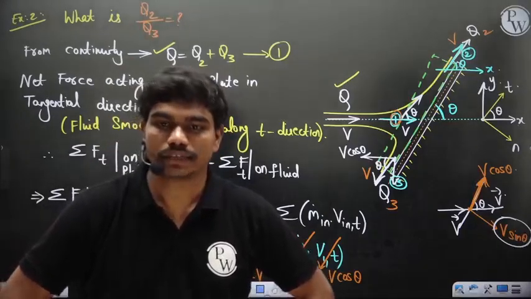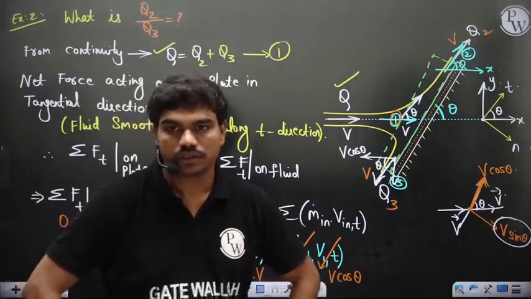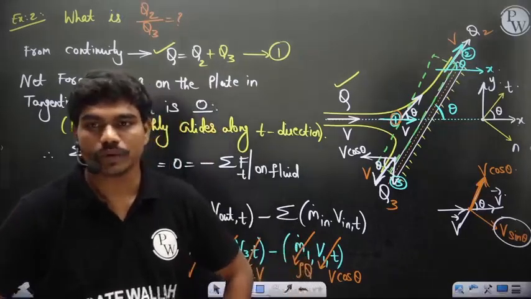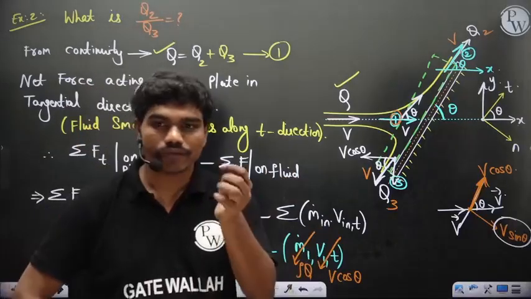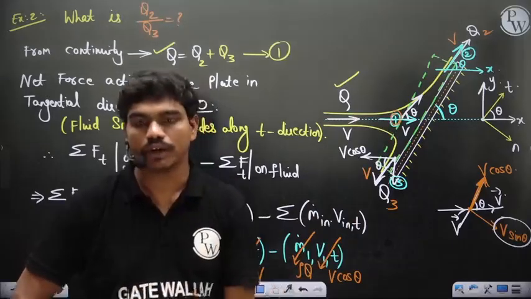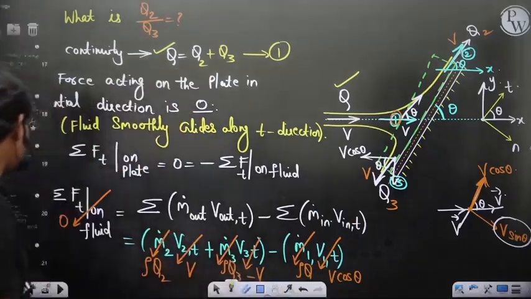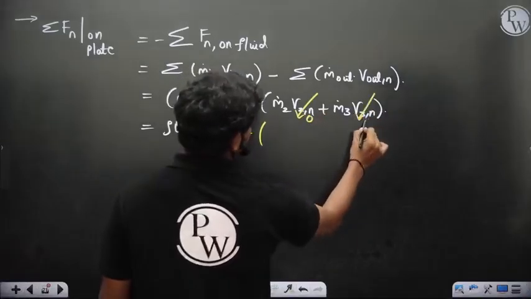Please tell me in the chat box. Zero, correct? So V2n and V3n are zeros, of course, because at location 2 and location 3, the fluid is cutting the control surface purely tangentially. There is no normal component of velocity. So we can see this is 0 and this is 0.